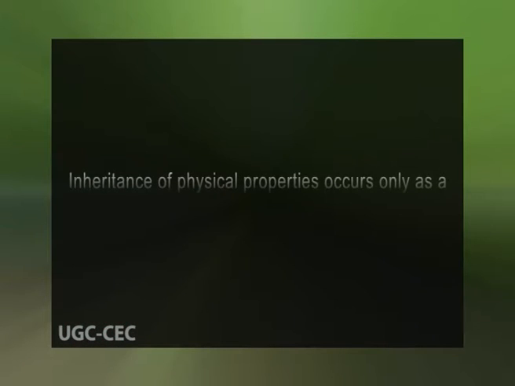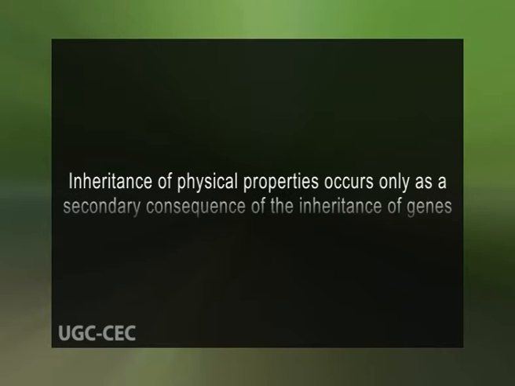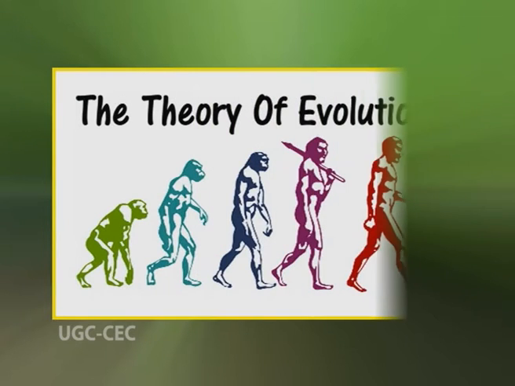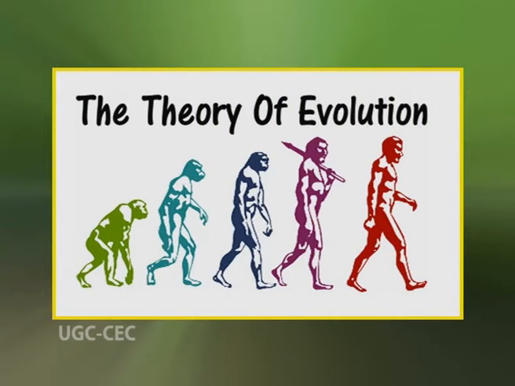It is the organism's physical properties which directly determine its chances of reproductive output, while the inheritance of physical properties occurs only as a secondary consequence of the inheritance of genes. To properly understand the theory of evolution via natural selection, one must understand the genotype-phenotype distinction.